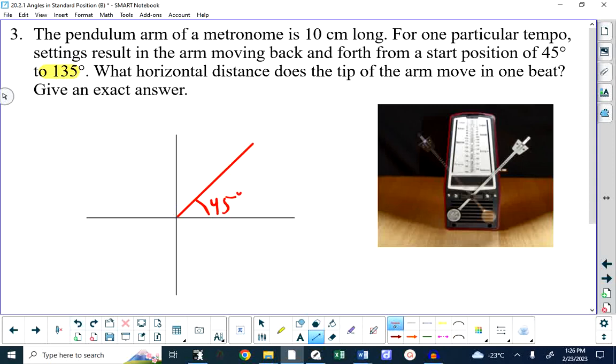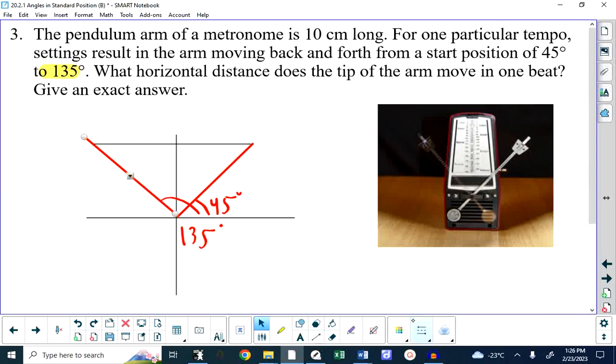I guess it's the same arm. So, and then it goes over to here, where this is 135 degrees. And the question is, if the length of that arm is 10, then how far horizontally does the tip of the arm move? What it's asking you to determine is the length of that black line.